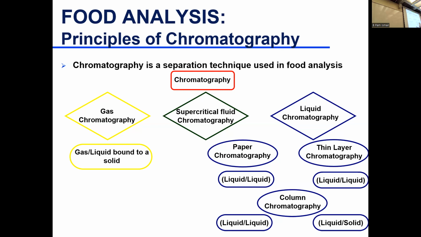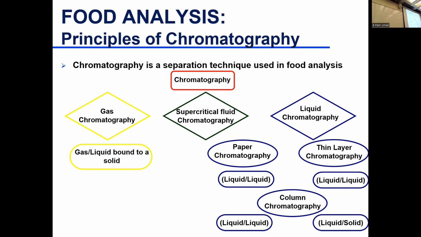And gas chromatography used to be called gas liquid chromatography. Why? Because oftentimes you have a solid impregnated with a liquid as your stationary phase. But sometimes you only have solids, but in most modern gas chromatography columns, it's really a liquid bound to a solid. But we don't call it gas liquid chromatography, we call it gas.